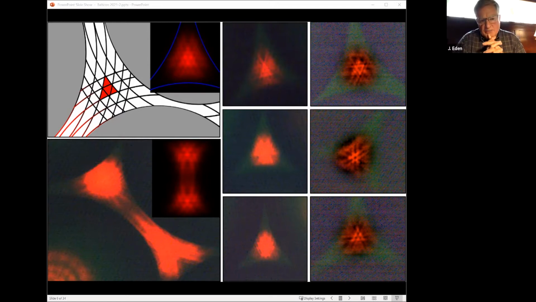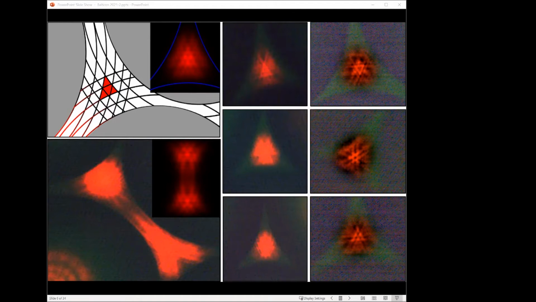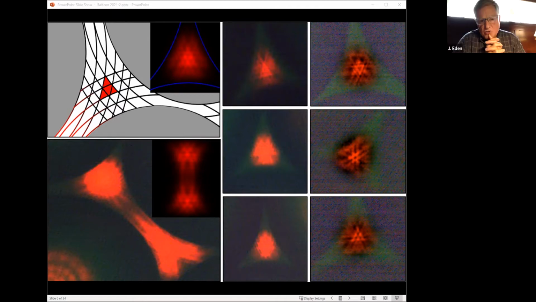At upper left, I have a diagram that shows how these modes are formed. In particular, if we have an intersection of three microspheres, we can expect that we're going to generate fractal modes that have the triangle as their basic shape.